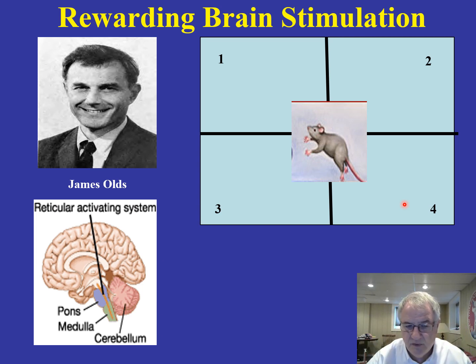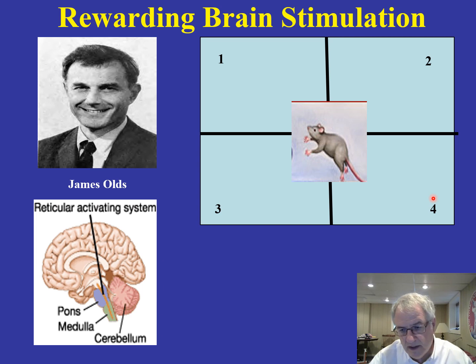And the animal retreated, but then came back right away. And again, it got another stimulation. And the animal would explore around, then come back again really rapidly, as if it liked it. It was as if they found it to be pleasurable.